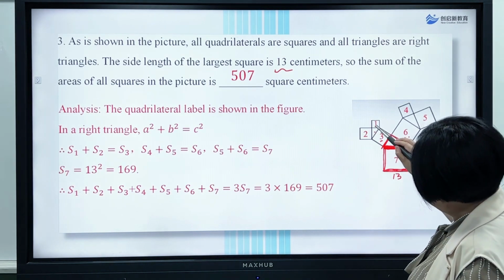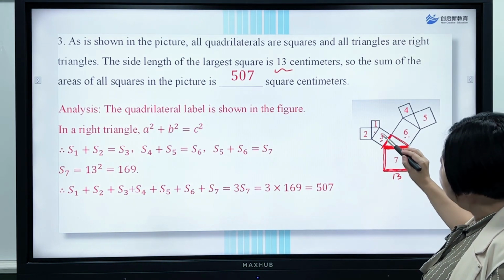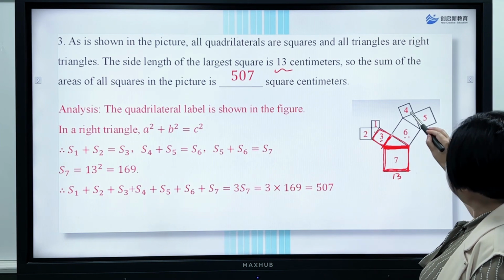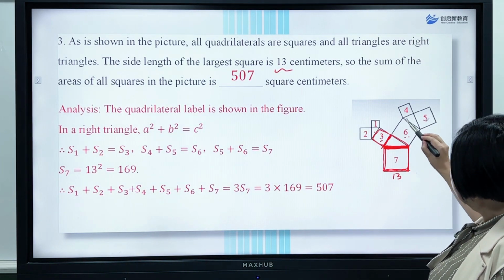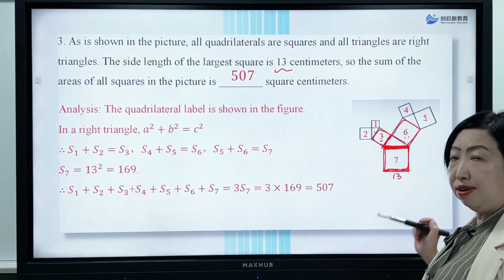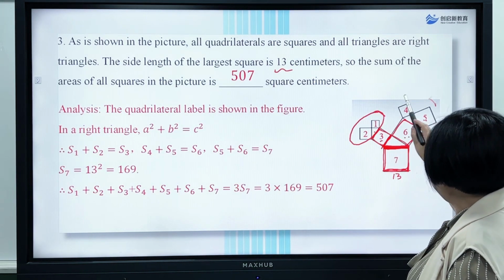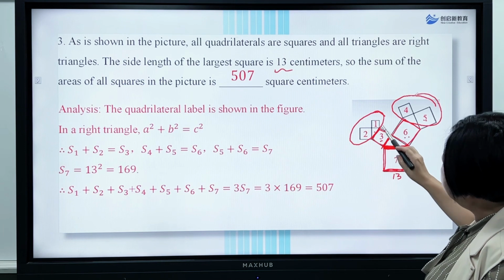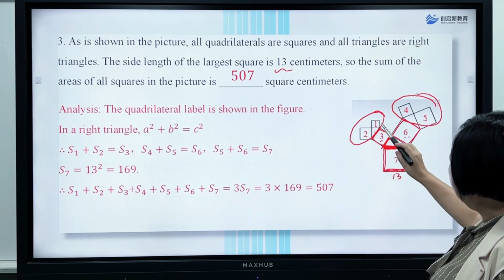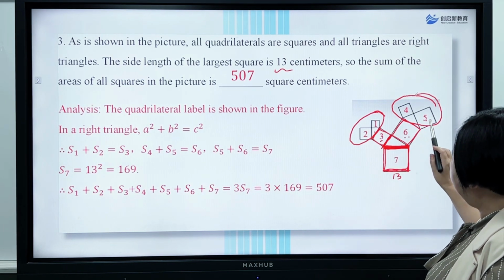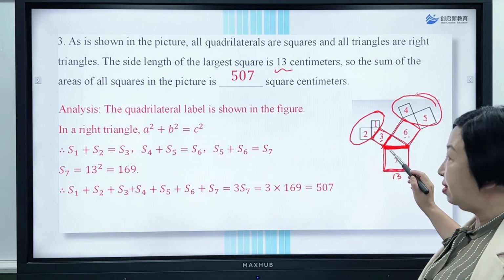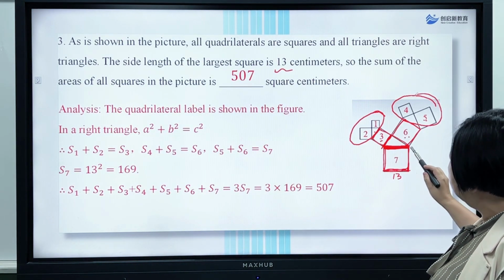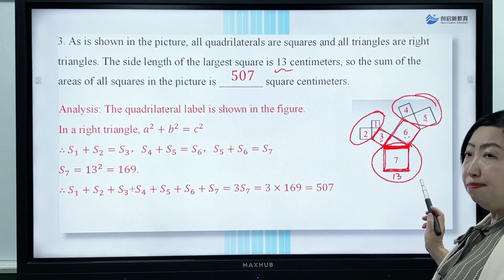Number 1 plus number 2 equals number 3. And number 4 plus number 5 equals number 6. So the sum of the areas of 1, 2, 4, 5 equals those of 3 and 6. But the sum of number 3 and 6 equals number 7.